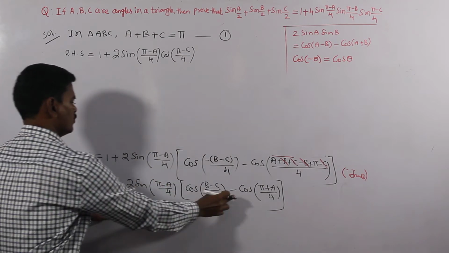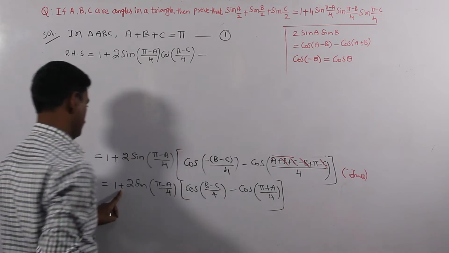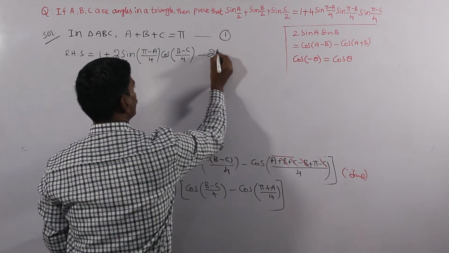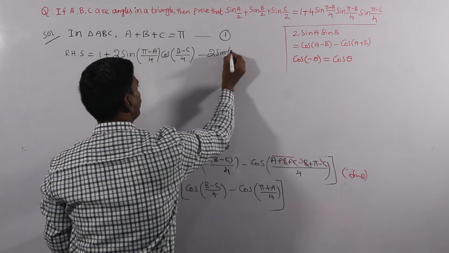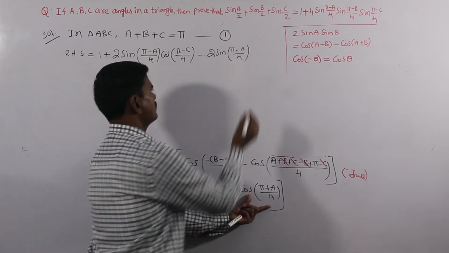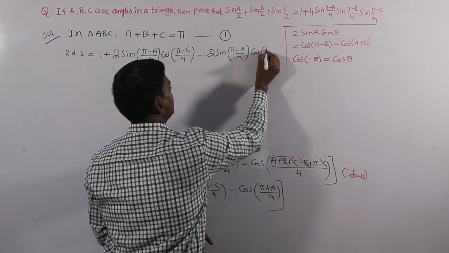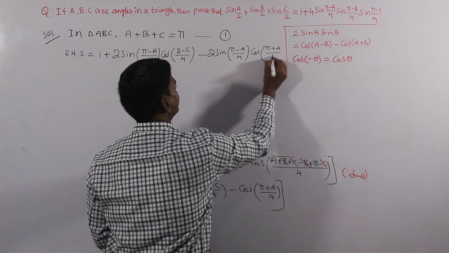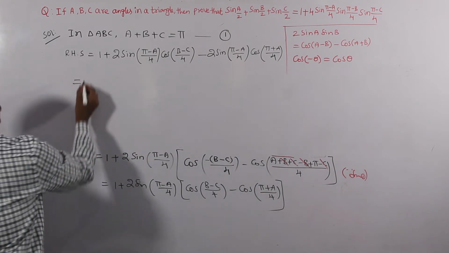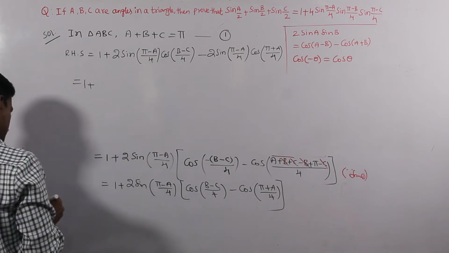Now, plus into minus gives minus, this term into this term, 2 sine of (pi minus a)/4 into cos of (pi plus a)/4. Write 1 plus as it is.